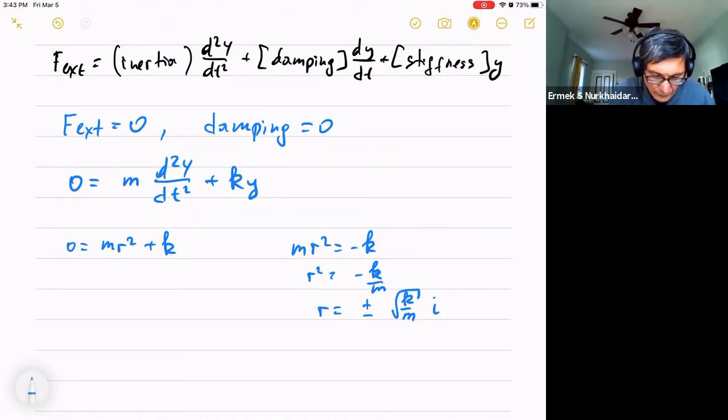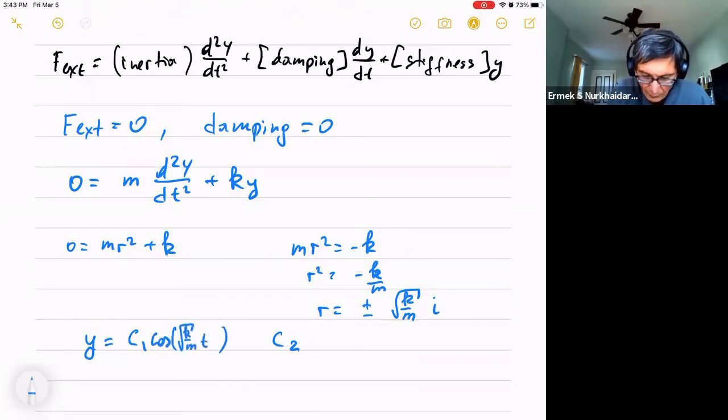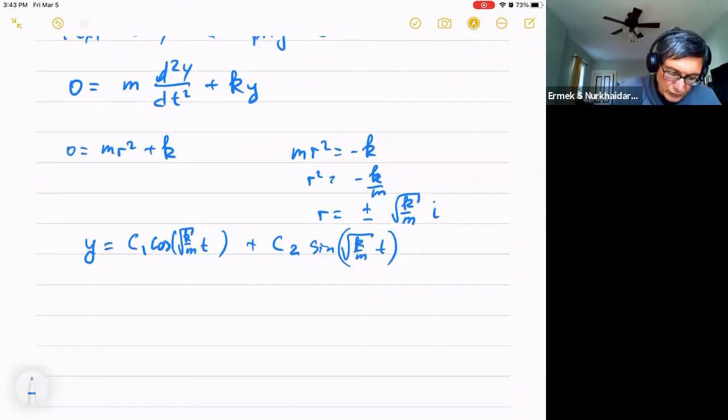So our solution is going to be y equals c1, c2. There is no real part here, so with e to the 0, which is 1, cosine square root of k over m t plus sine square root of k over m t. And I'm going to be using notation square root of k over m, and I'm going to call it omega.